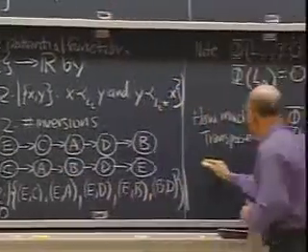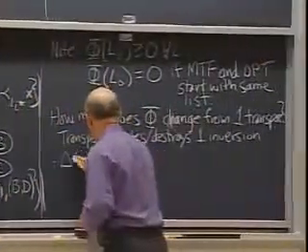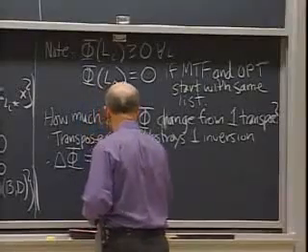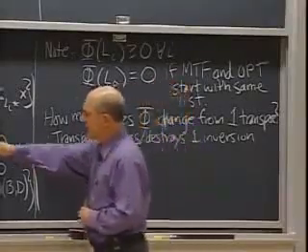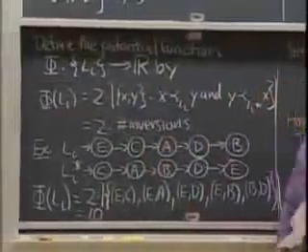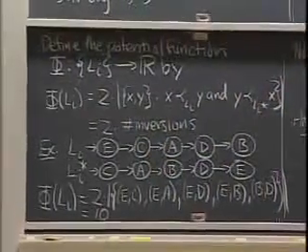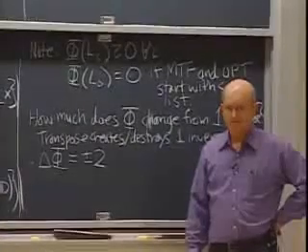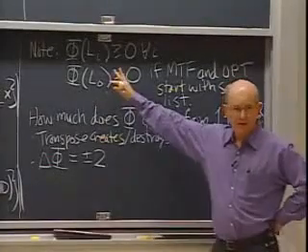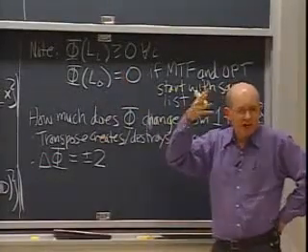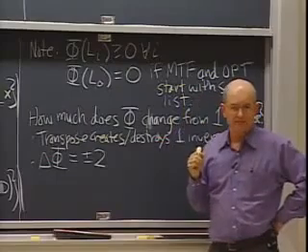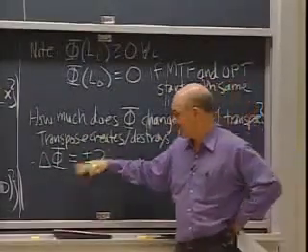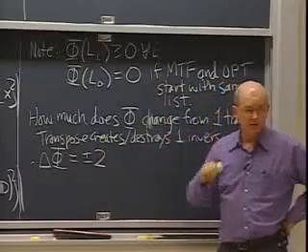So therefore, the change to the potential function is going to be plus or minus 2 because we're counting twice the number of inversions. Okay? Any questions about that? So transposes don't change the potential very much. It either goes up by 2 or down by 2. Just by 1 inversion.